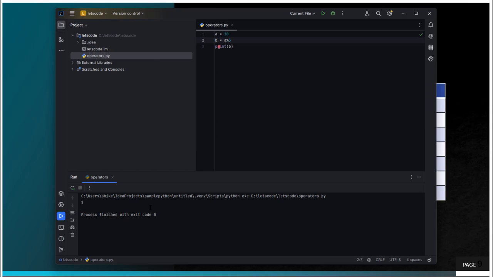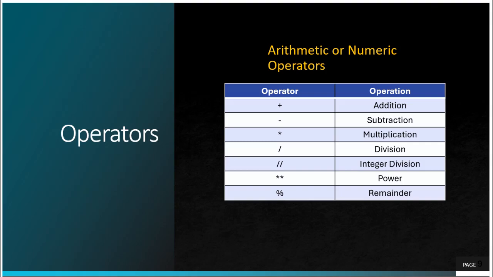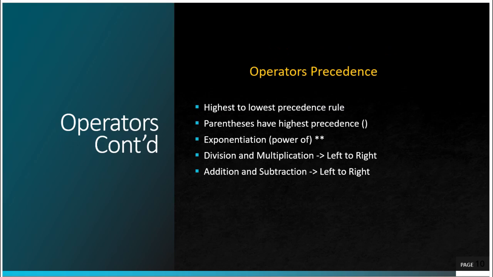Now we can go to our next topic. Now that we have learned about the arithmetic or numeric operators, it is very important to understand how Python performs different functions on these operators.